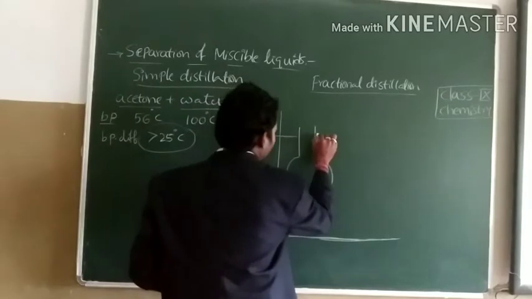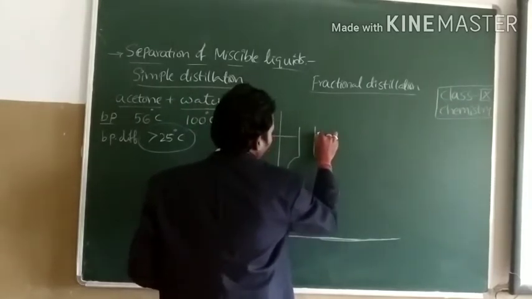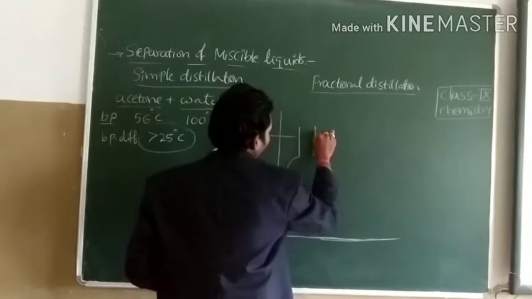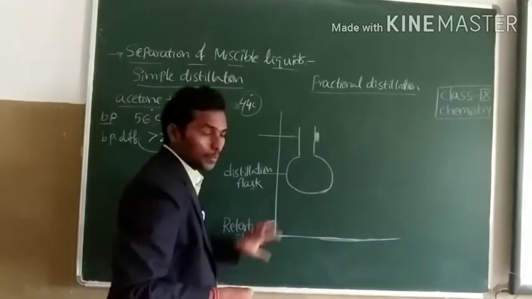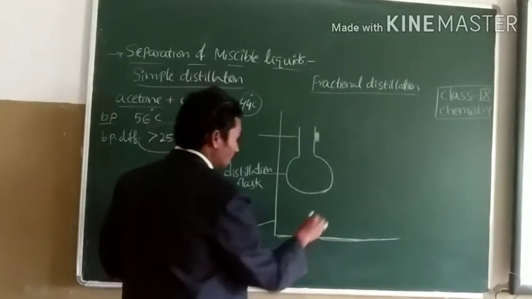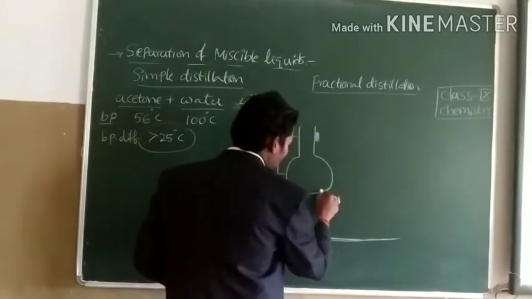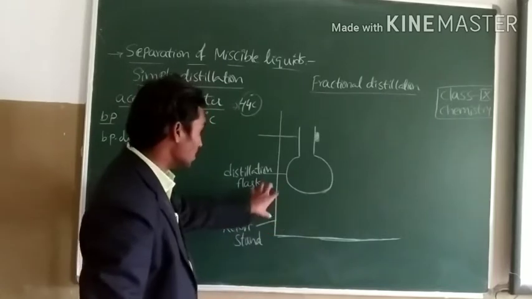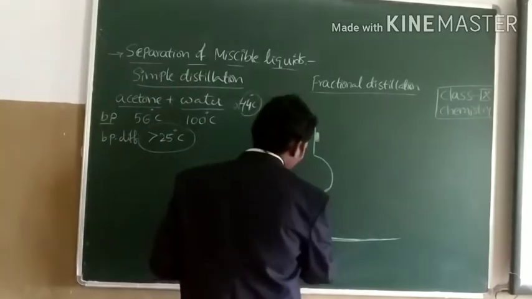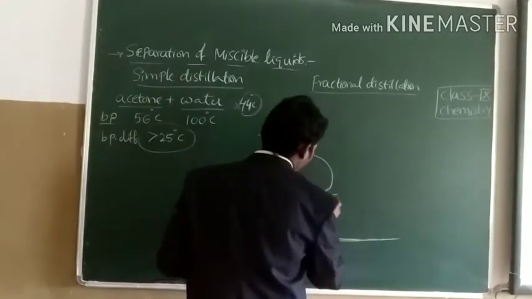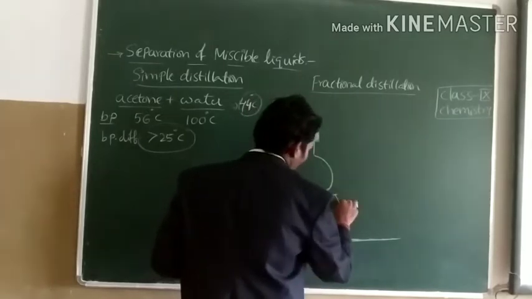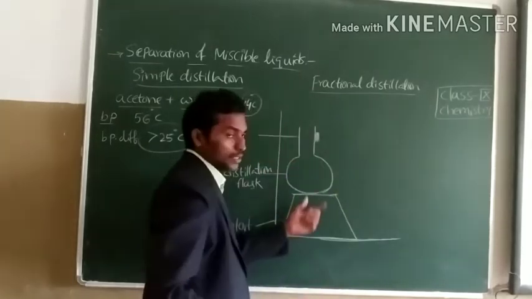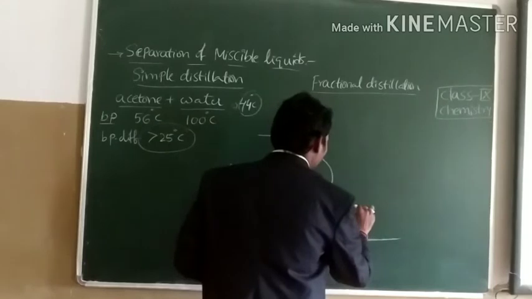We have to fix this distillation flask, or round bottom flask, to the clamp of the retort stand, and we have to place this RB flask over the tripod stand. Over the tripod stand, we should place the distillation flask. This is the tripod stand.